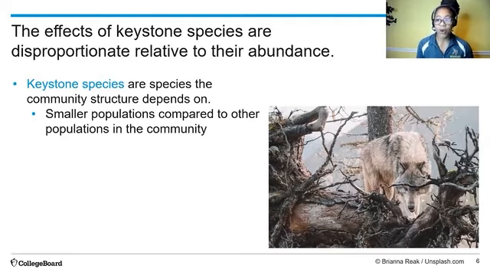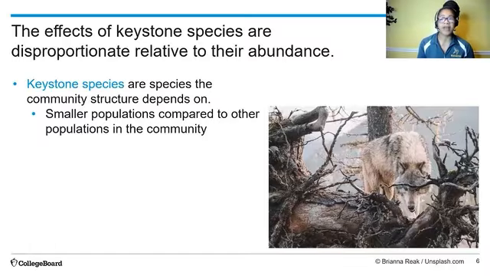So for instance, our wolf here, wolf populations don't consist of hundreds and thousands of wolves, but their impact on the environment is very great. And so they would be considered a keystone species because of the way that they put pressure on certain populations.